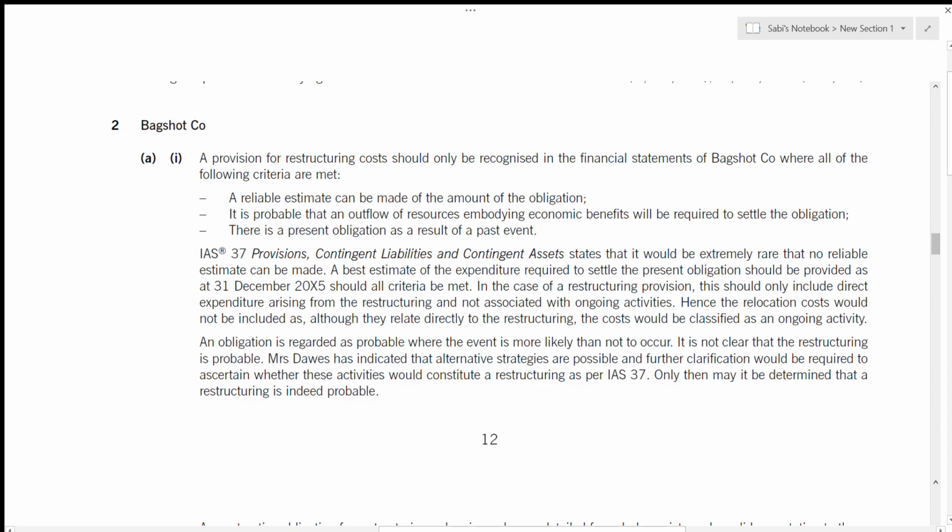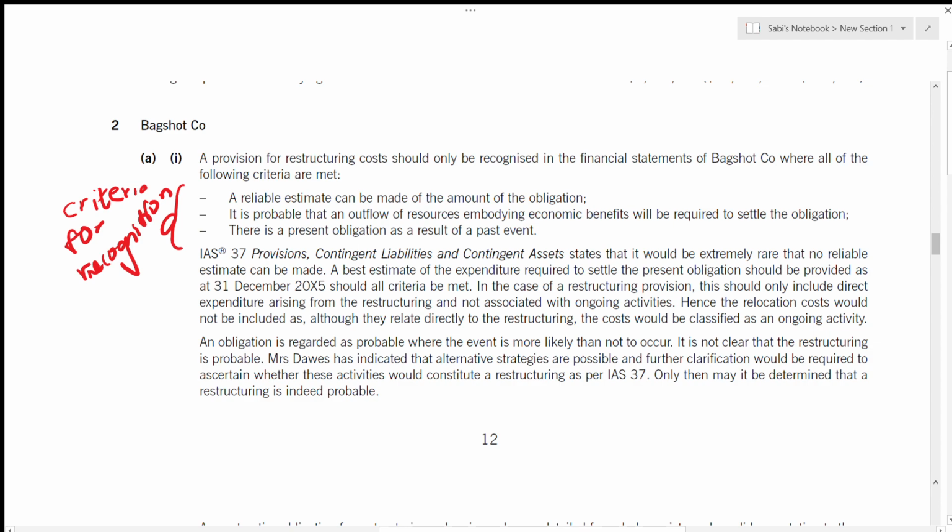These are the criteria. Criteria for recognition.